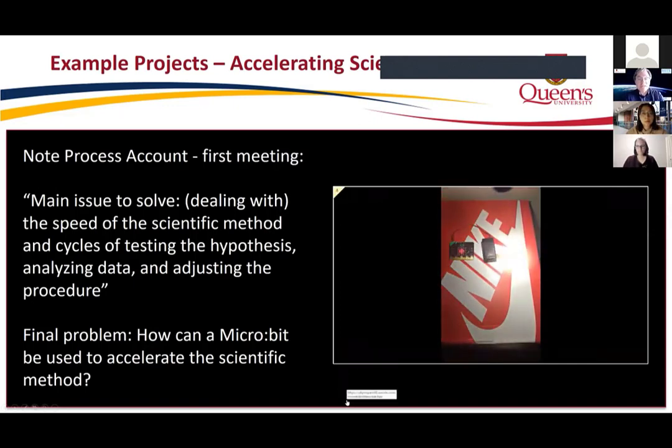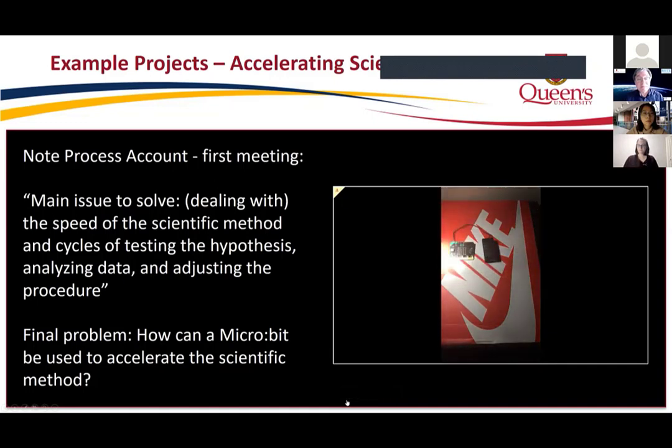So the main issue they identified in their first empathy moment with their client, in this case, a phys ed instructor at the faculty, was, sorry, this was the physics example, was about the scientific method, actually, and how could students come to move through the iterations of the hypothesis, analysis and changes in procedures.